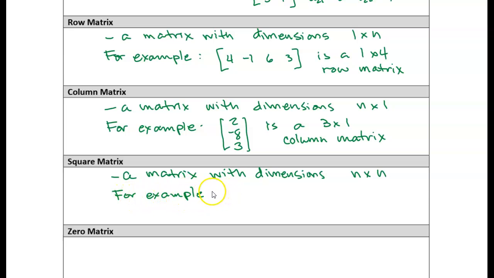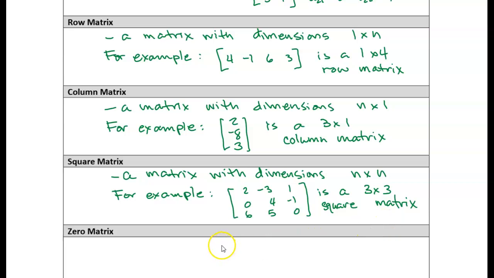For example, if we have a matrix that looks like 2, -3, 1, and then 0, 4, and -1, and then 6, 5, and 0. Okay, so there is a matrix that has 3 rows and 3 columns. So we would say this is a 3 by 3 square matrix.